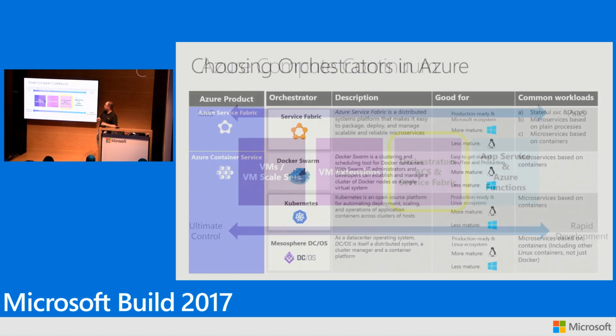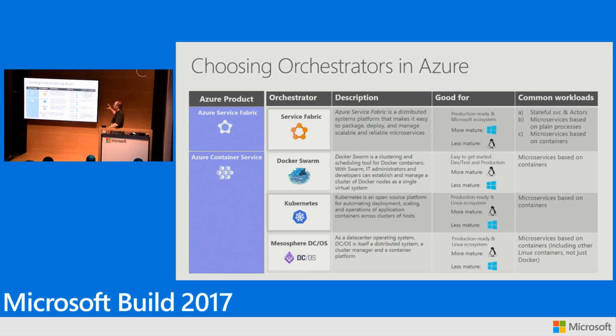Okay. So here's a table, a summary, like choosing orchestrators in Azure: Service Fabric, Docker Swarm, Kubernetes, and Mesosphere DC/OS. Basically, Service Fabric is a lot more mature in Windows, and you can also use microservices with no containers, like plain vanilla processes on Windows, and many mission critical products in Microsoft are based on Service Fabric.